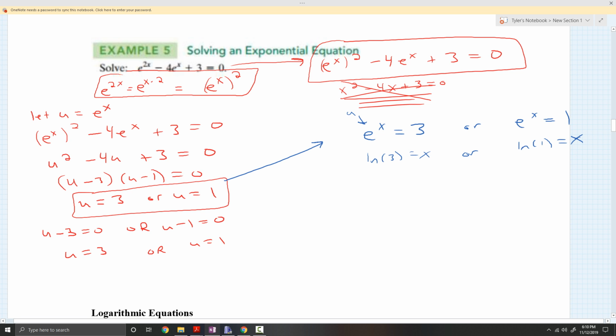And we should know that the natural log of 1 is just 0, so this means that x equals 0. So the solution set for x would be the natural log of 3 and 0. So there's two potential answers for x, natural log of 3 and 0.